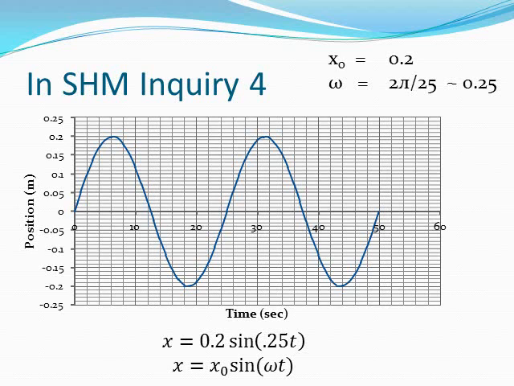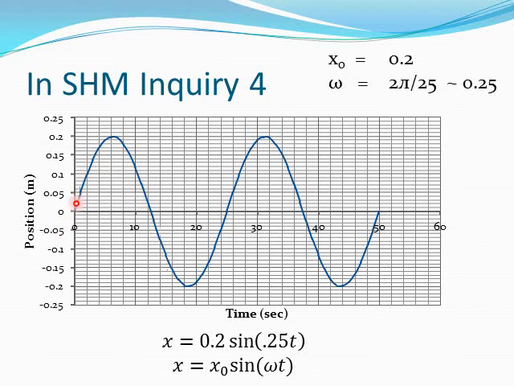The velocity at any time will be equal to the slope, or instantaneous rate of change, on your position versus time graph. So if I drew a tangent line at different locations and found the slope of those tangent lines at different times, I could find the velocities at all those times.